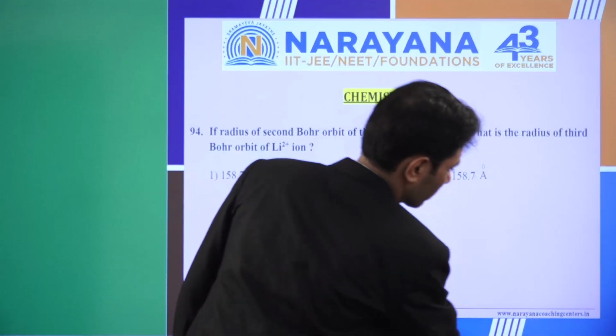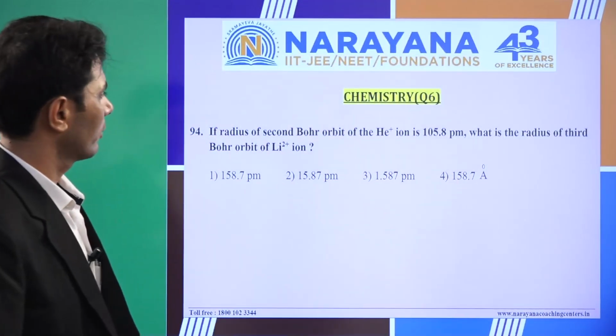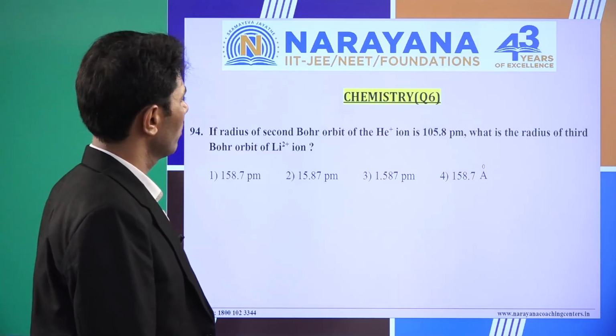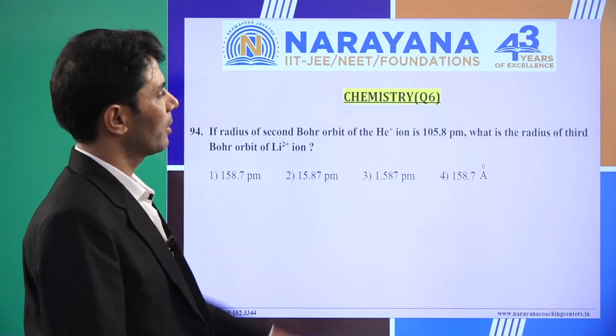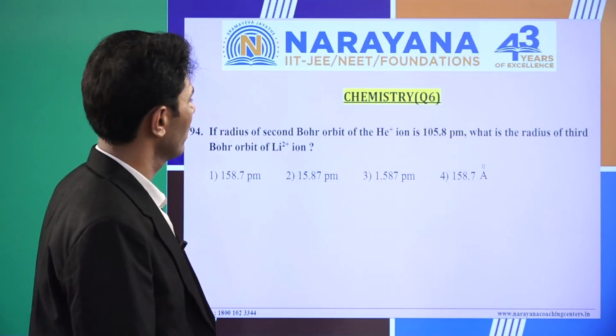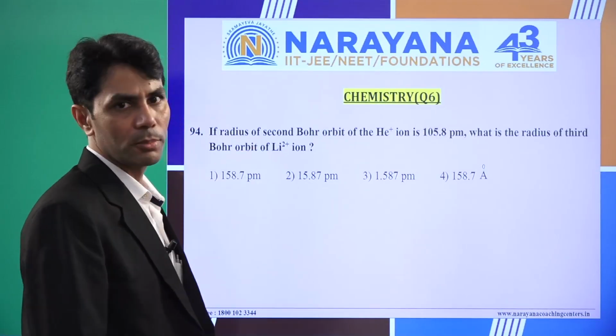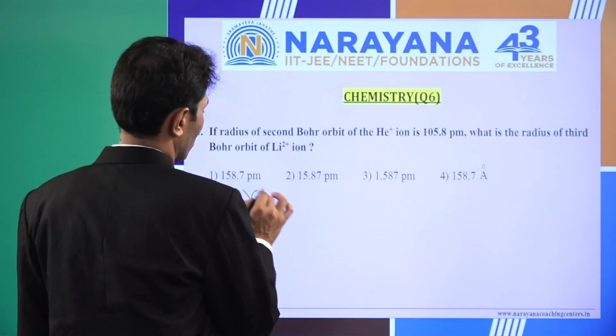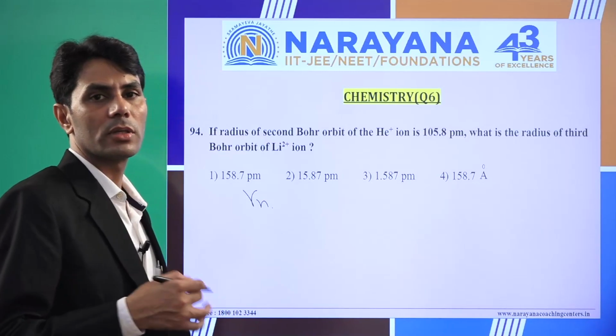The next one, again a simple question. They are saying the radius of the second Bohr's orbit for He plus ion is this much. What will be the radius of the third Bohr's orbit of Li plus 2 ion? So we know the case for the radius of hydrogen or hydrogen-like species.